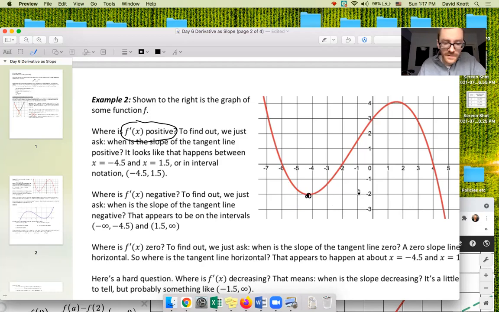But then finally, once we move past this point, we pick a point like over here. Think about the tangent line there. It looks something like this, doesn't it? Okay, and the slope of that line is positive. So the derivative is positive there, okay? And similarly, up here, right?